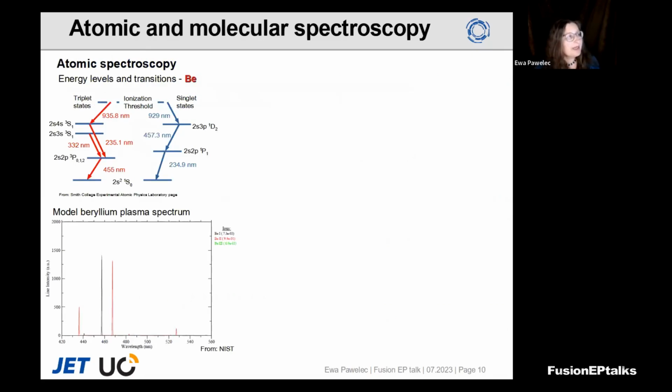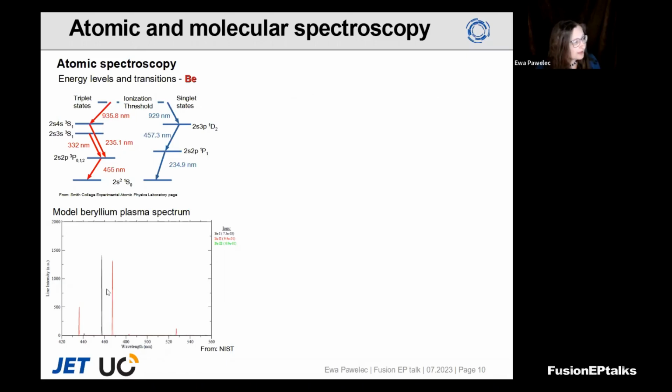So comparing atomic and molecular spectroscopy, we can see here the atom example. We have, for example, beryllium, as we do in JET. We have the beryllium plasma spectrum, and we can see a relatively low number of lines.